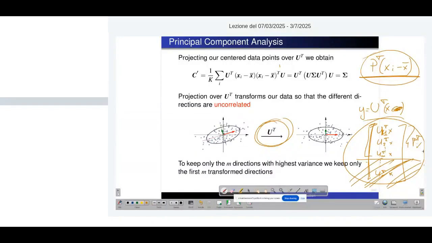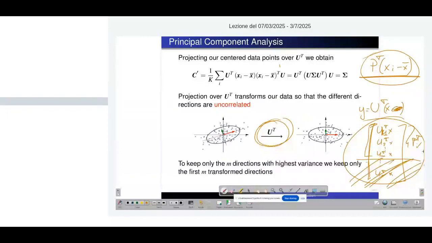This is P transpose X. So I can interpret PCA as doing what? I take the covariance matrix of the data, I rotate my data so as to align the directions of the covariance matrix to the principal axes, and then I throw away all the components that have lowest variance, which will be in the lowest part of the new data that I obtained.